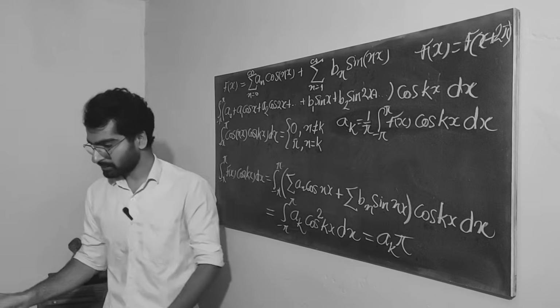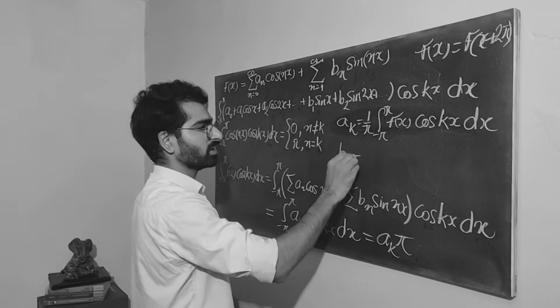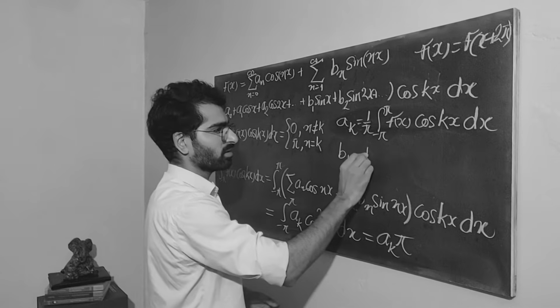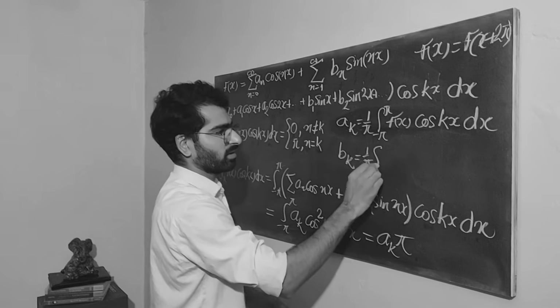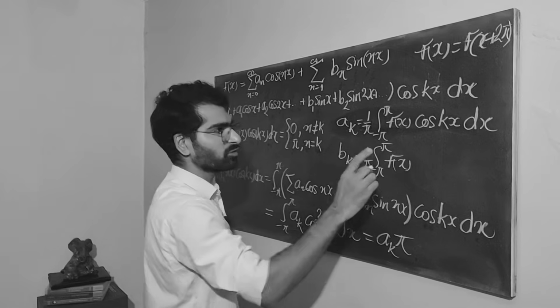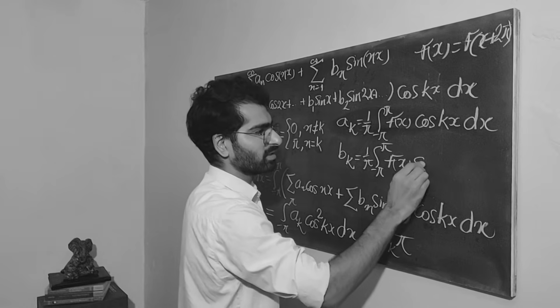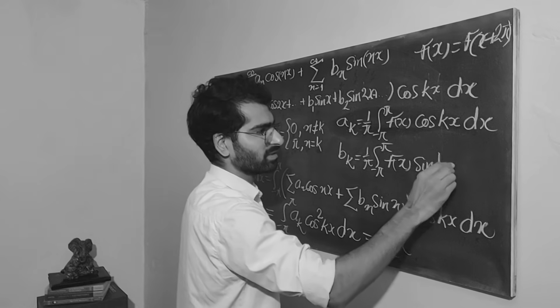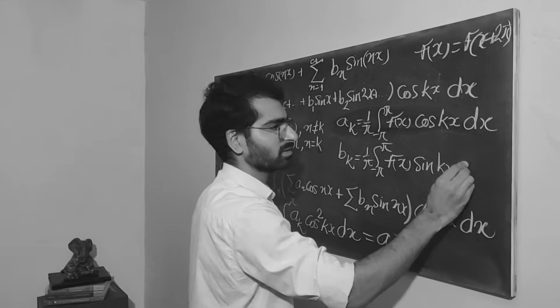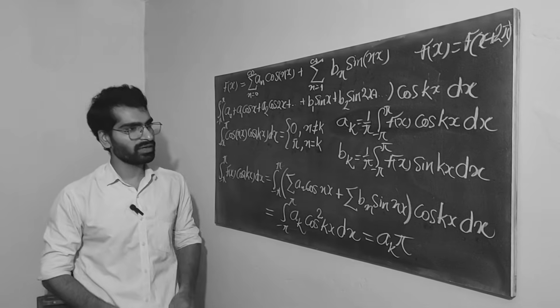And in the same way, you can find bk. It is going to be exactly the same, 1 over pi integrate from minus pi to pi of that function with one change. Now this is here sine of kx instead of cosine of kx dx. And how do you find that bk?